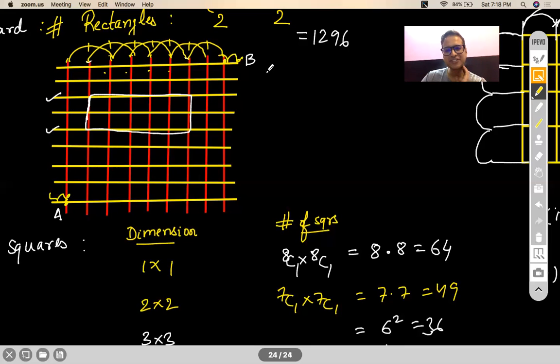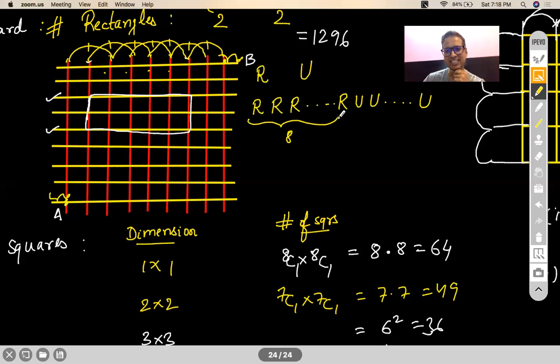So think as if moving a unit right is R and moving a unit up is U. So now he needs to arrange 8 R's and 8 U's among themselves. So the number of ways in which he can go from A to B is how many ways can you arrange these 8 R's and 8 U's among themselves?